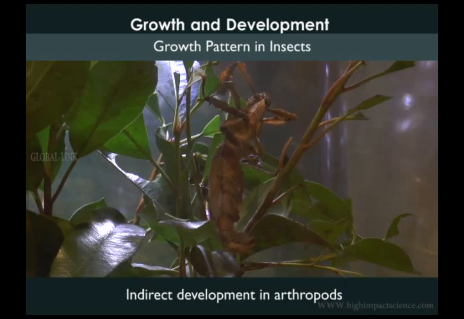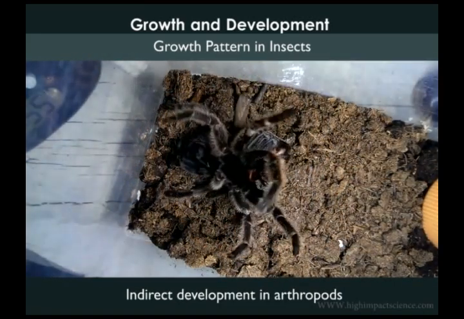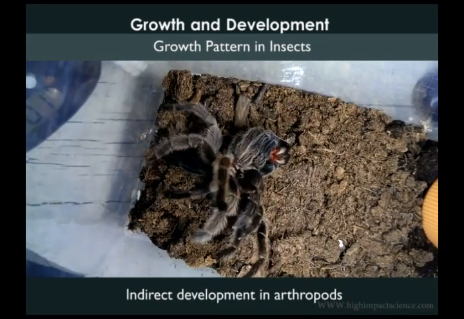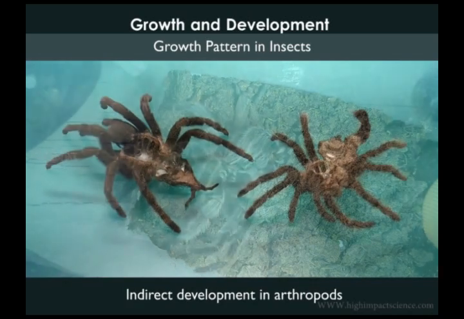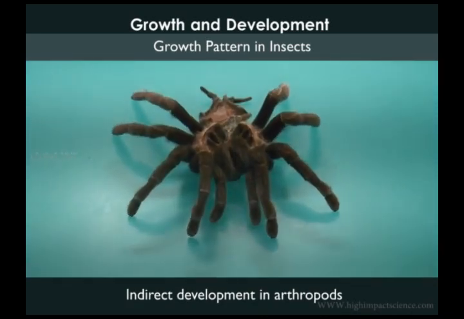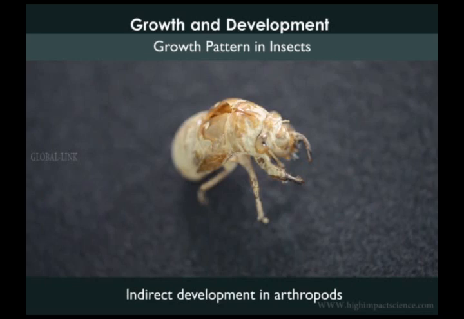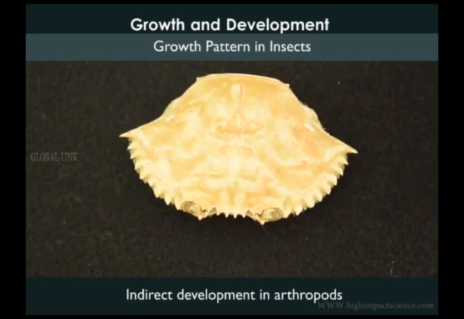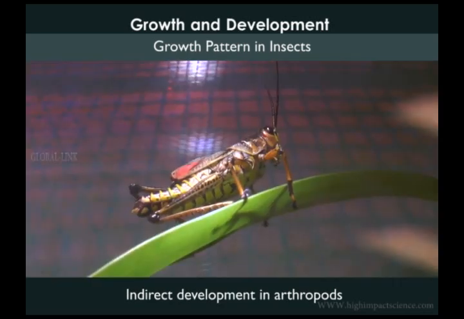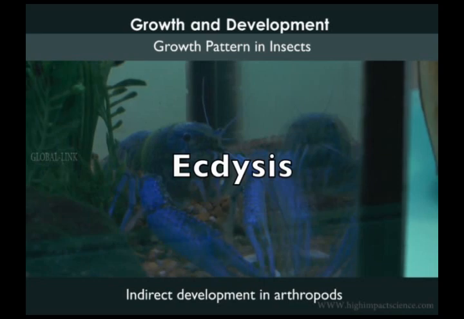In order to grow, arthropods often shed off the exoskeleton time and again to allow for expansion of tissues. When most people see an arthropod outer shell, they think the animal had died. But no, these are exoskeletons of arthropods that were shed off. This shedding off of the exoskeleton is called molting or ecdysis.